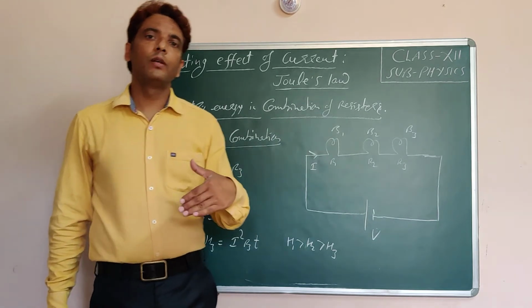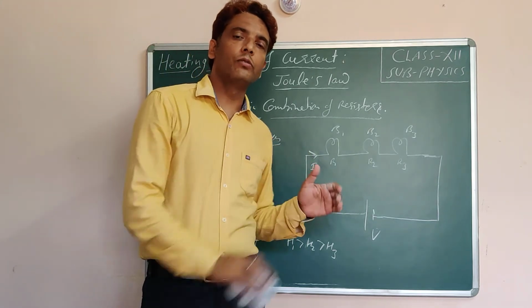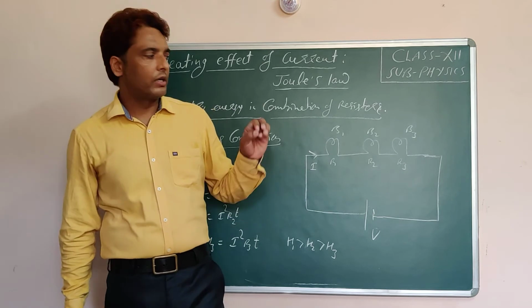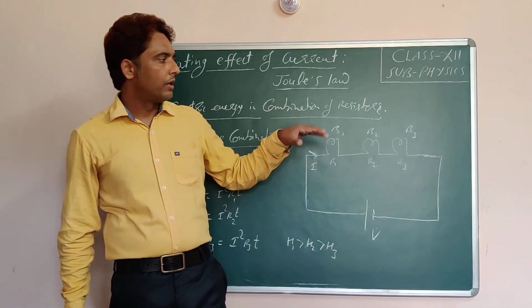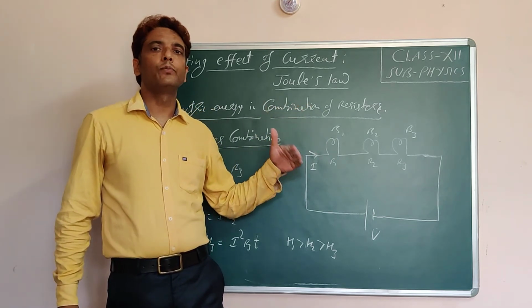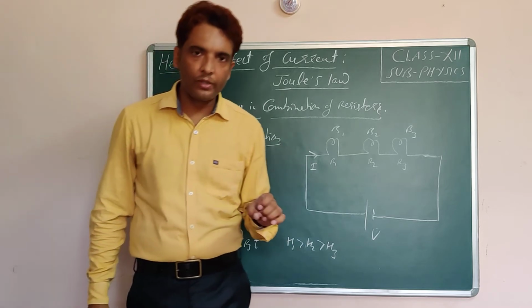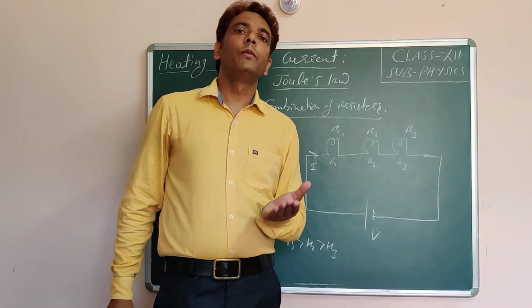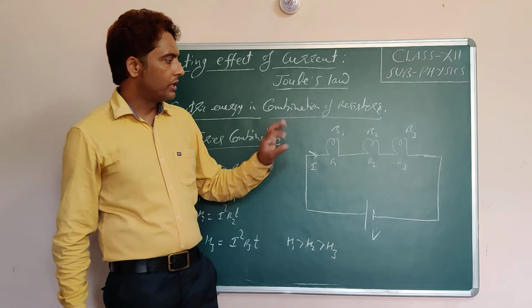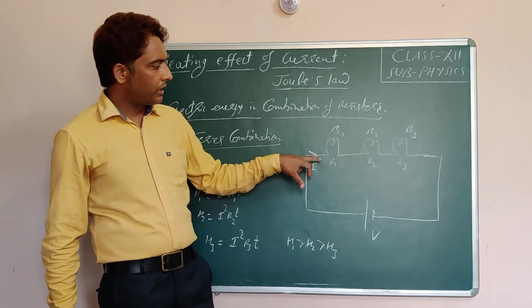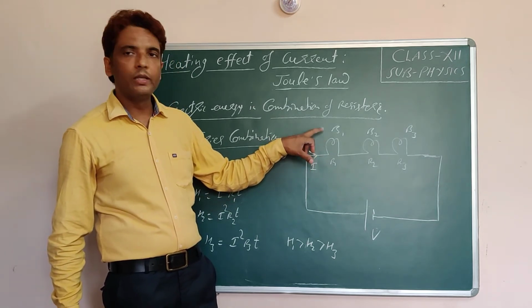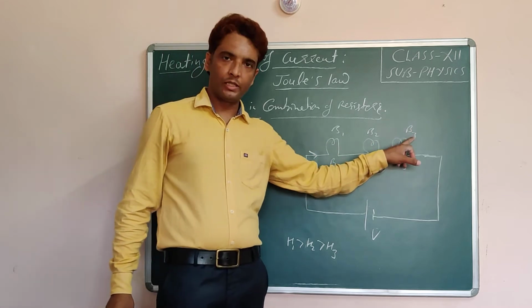The brightness of a bulb working on the heating effect of current depends upon the amount of heat energy produced. The larger the amount of heat energy produced, the more the brightness. So the brightness of bulb V1 will be greater than V2 and V3.